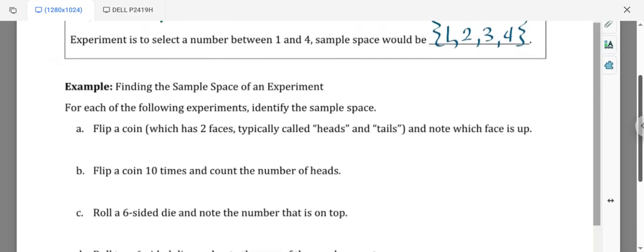So if we flip a coin for A, you can either get heads or tails. We can denote heads with an H, tails with a T. If we're just flipping one coin, then there's only 2 outcomes here.